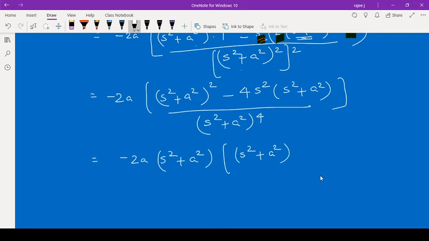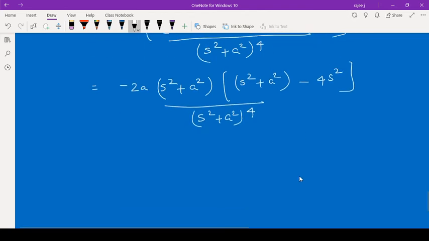From here, from this 2 you took 1 outside, so 1 is remaining there, minus 4s square, and we take this outside, this s square plus a square is outside now, divided by s square plus a square the whole raised to 4. Now what we can do here, this s square plus a square 1, and here it is 4 is there, so we cancel that one, and we got it as minus 2a into s square.